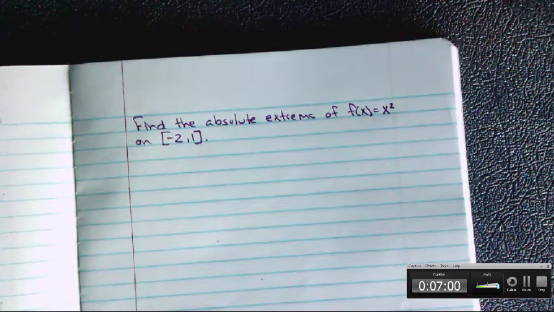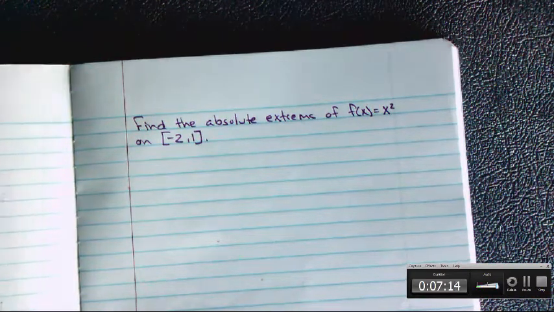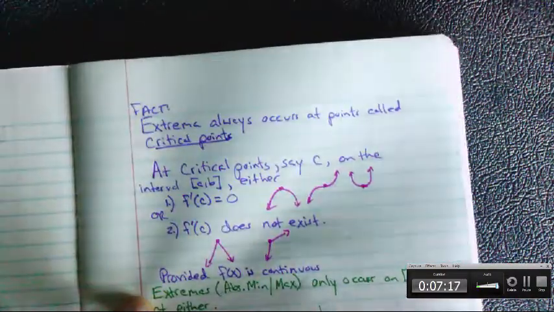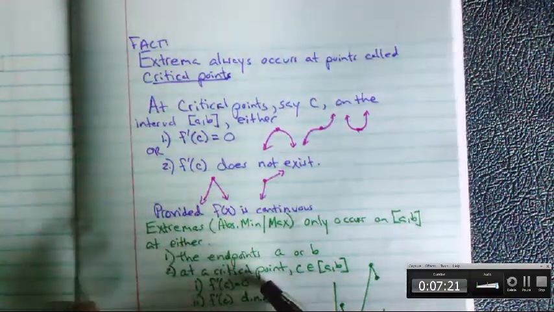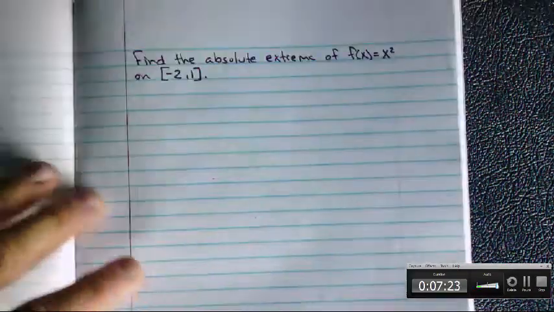We're going to find the highest y value, we're going to find the lowest y value. Extremas only occur at the endpoints or at critical points. So step 1 is we're going to look at the endpoints.